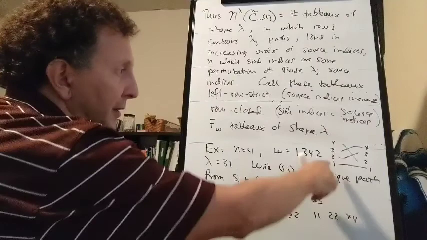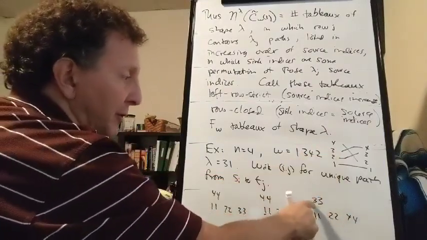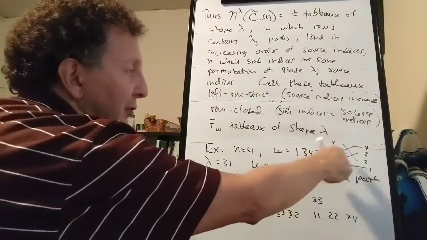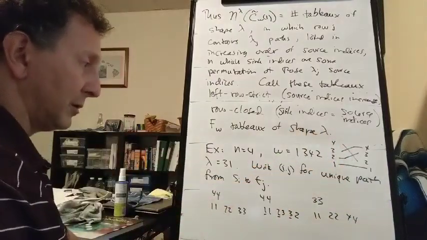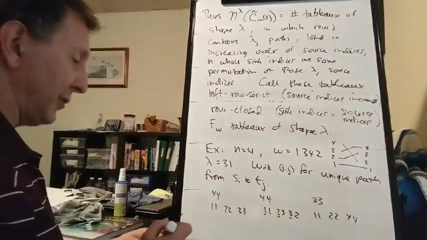Now let's see what happens if we have 3 in the second row and 1, 2, 4 in the first. So an obvious choice is 1 1, 2 2, 4 4. 1 has to go to 1. And actually 2 can't go to 4. It could go to 3, but we already have 3 going to 3. So 2 has to go to 2 and 4 has to go to 4. So that's the only option with 1, 2, 4 in the first row and 3 in the second row.